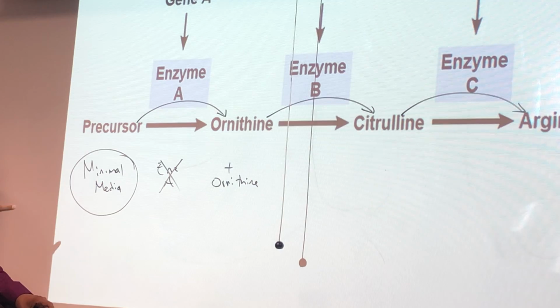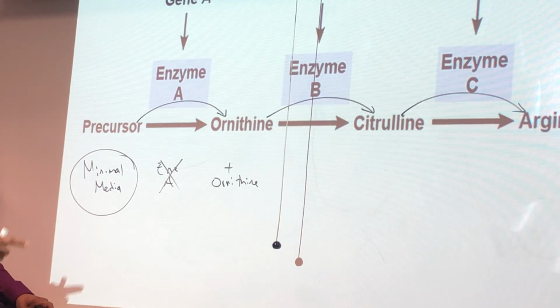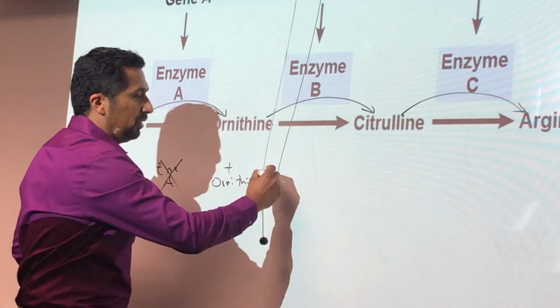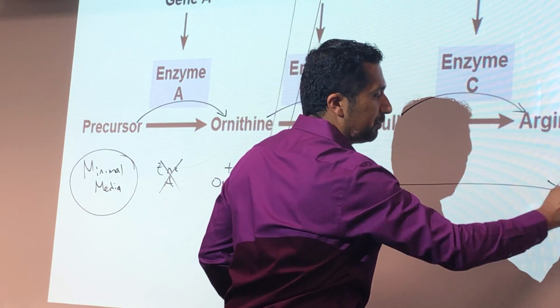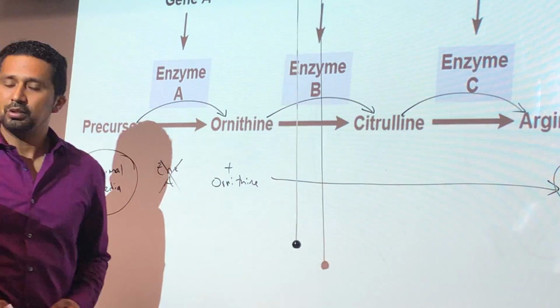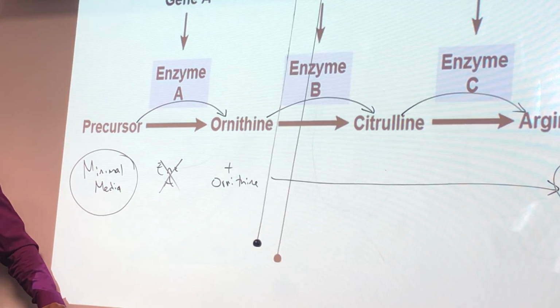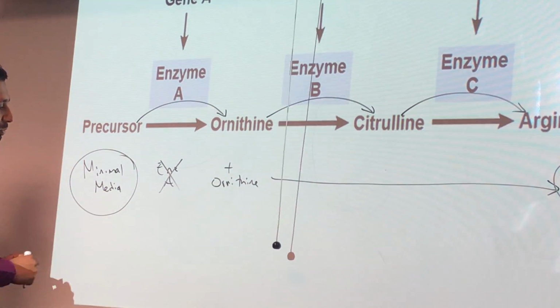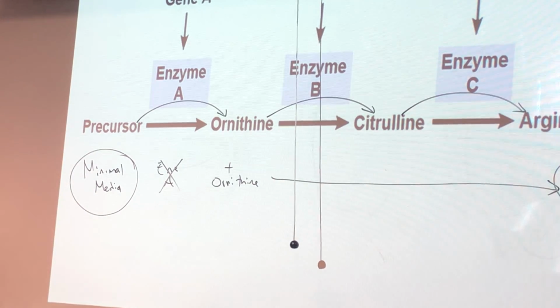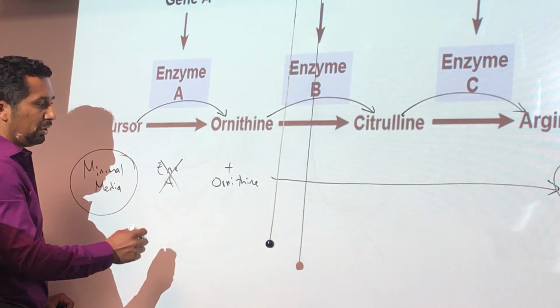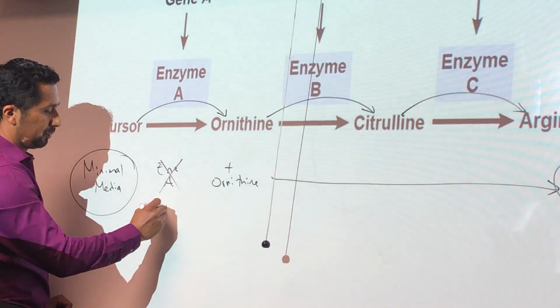Grab the mutant cells, put them in the minimal media, add ornithine, and if it's able to grow and be happy, then you know that the problem was enzyme A. Okay? If you put minimal media and add ornithine, right?